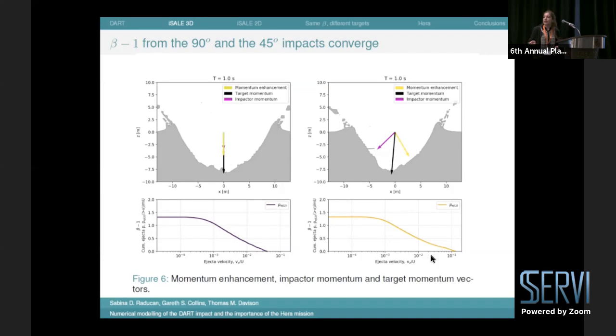Interestingly, if we look at the cumulative ejecta momentum, we get the same value, again normalized by the vertical component only. A lot more tests are needed to draw a conclusion from this, but it would look like we can still use 2D simulations to tell us about the vertical component of the momentum. That is good news because, as I mentioned, 2D simulations require a lot less computational power to run.